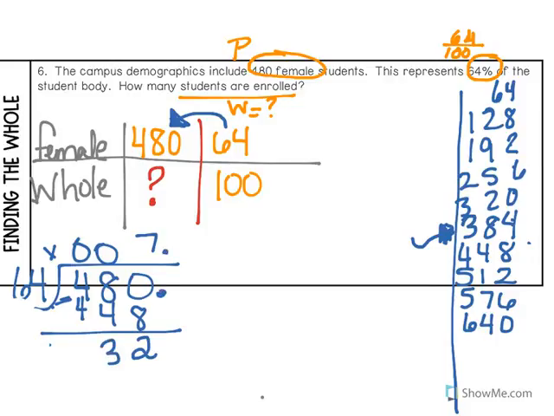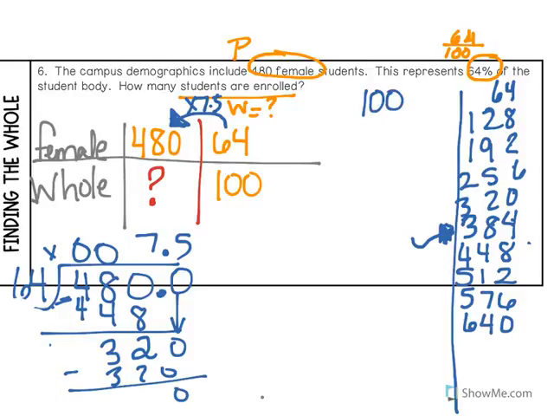I'm going to add a decimal, bring it up, add a 0. 64 goes into 320 5 times. And then I know that I multiply by 7 and 5/10. So all I have to do now is multiply my denominator by 7 and 5/10.